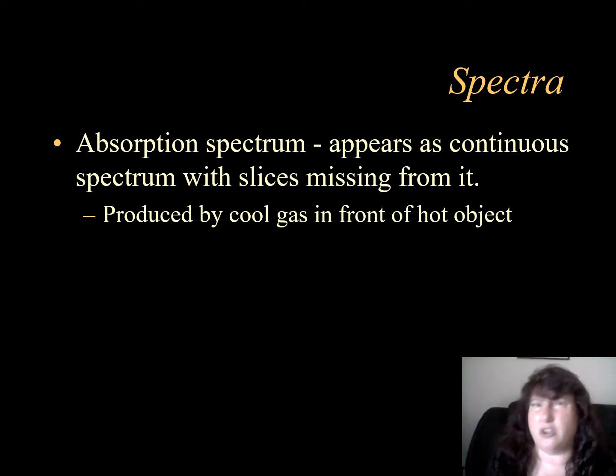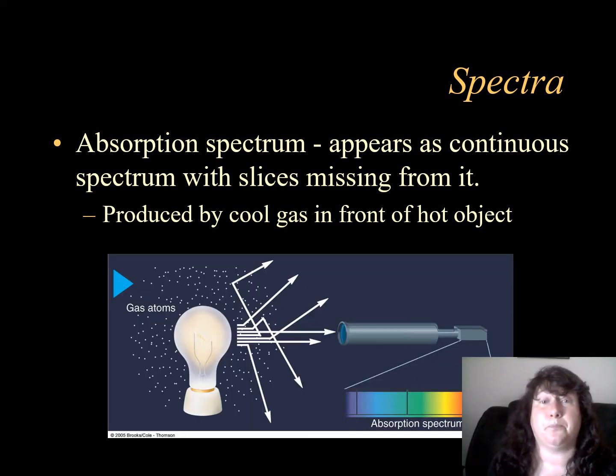So in space, it could be a dark dust cloud that sits in front of a very hot star, and it's going to produce an absorption spectrum. Same thing with the atmospheres of different moons and planets. If you look along the side of the planet, that atmosphere can actually give off an absorption spectrum.